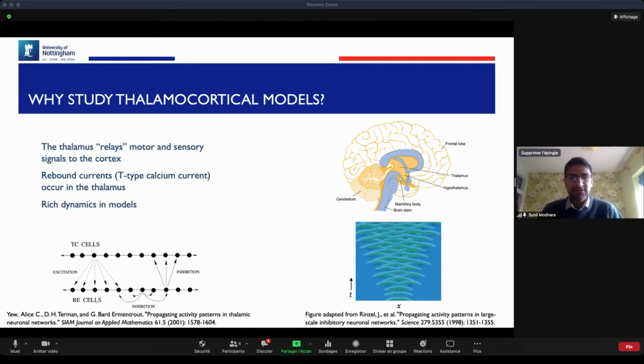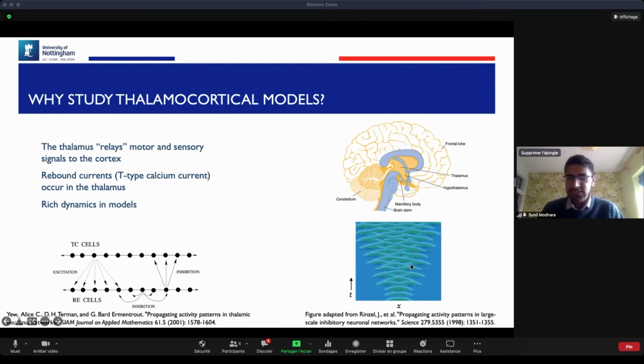The reason for that is the neural field description doesn't have any notion of the intrinsic ionic currents which are at play, which do play a big role, especially in the thalamus, especially the T-type calcium current, which has been shown to give rise to the so-called post-inhibitory rebound phenomena, which I'll talk a bit more about in a second.